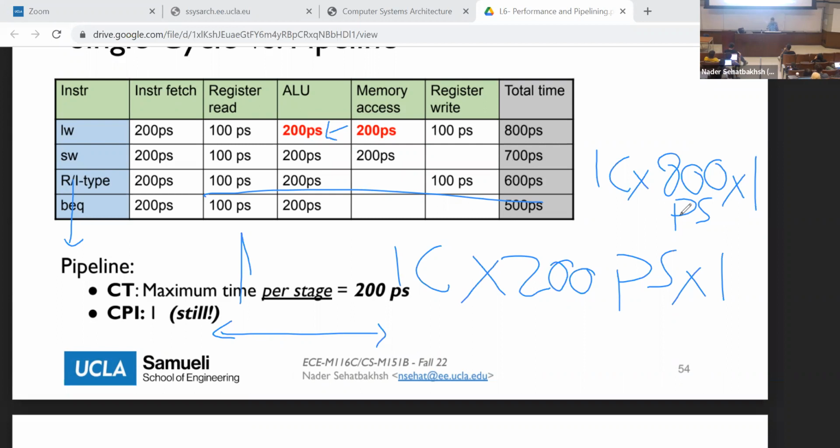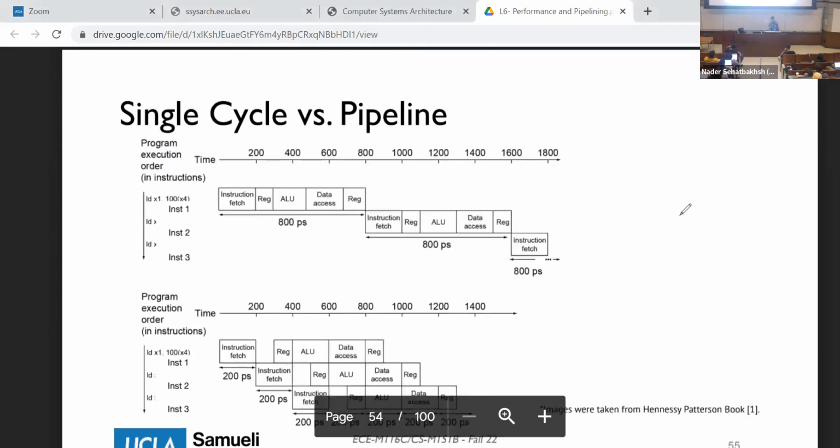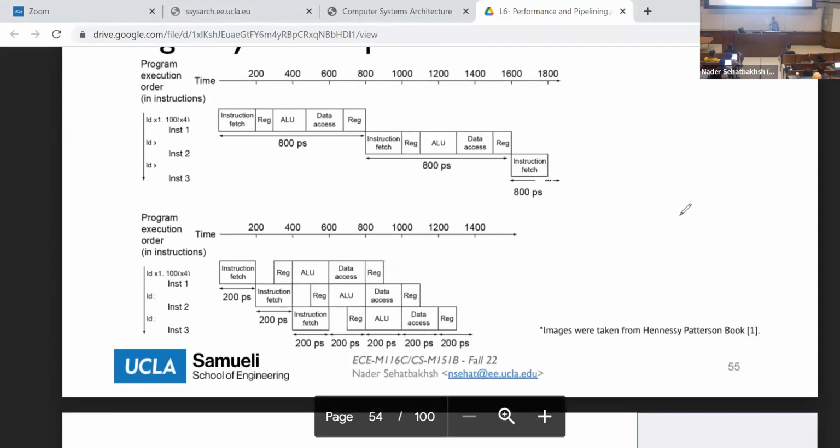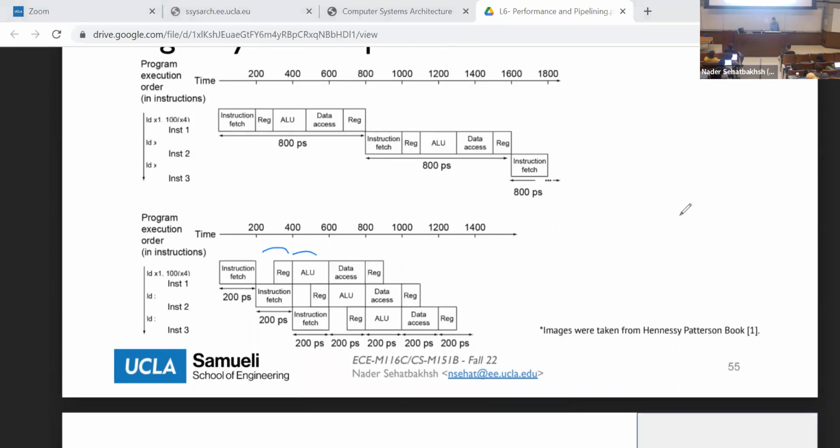Okay. And what I'm showing here is basically the same thing, just with a different graphic. The big thing you can see is that we are overlapping things together. For now, forget about this part and why the register file is not the same thing. I'll describe it very shortly.